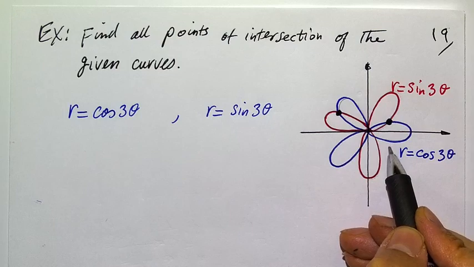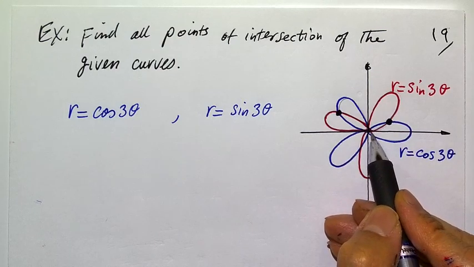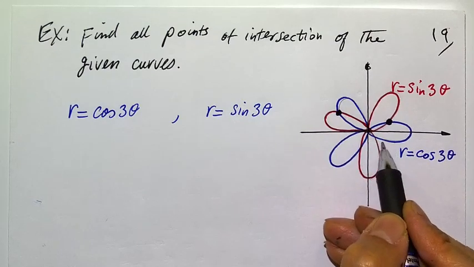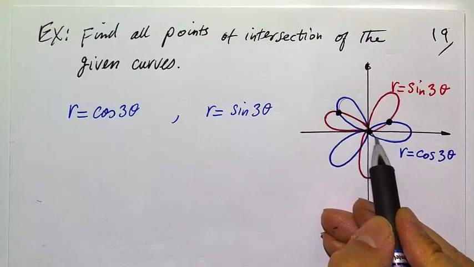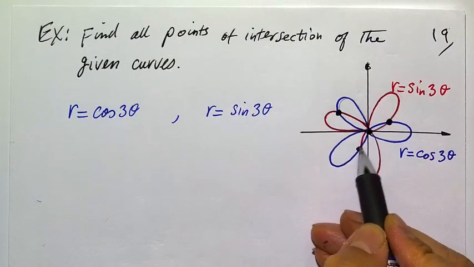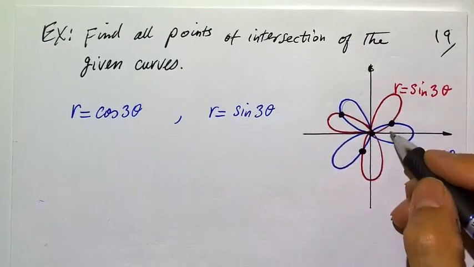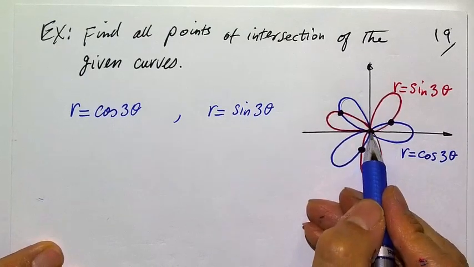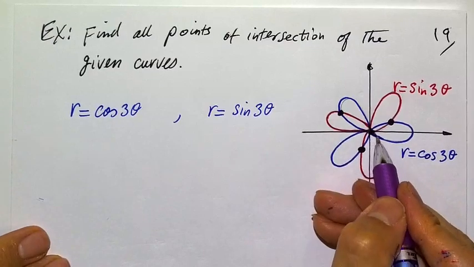And I didn't draw this nicely. So these two here on this side in the fourth quadrant, they intersect at the pole. There is no fourth, see, there is an intersection point here. But if we draw it better, let me see if I can, like that. And then like that.